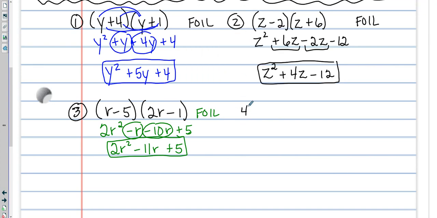Number 4. N to the second power plus 2 times n to the second power plus 3.